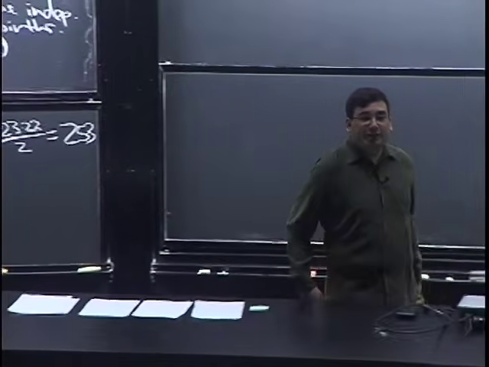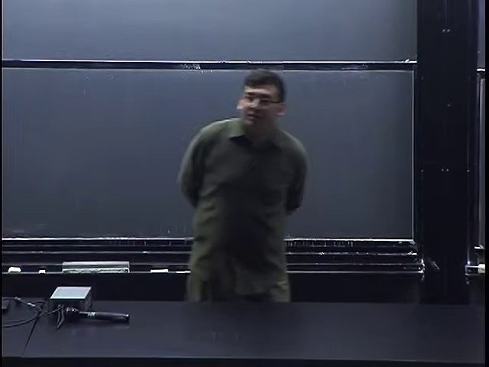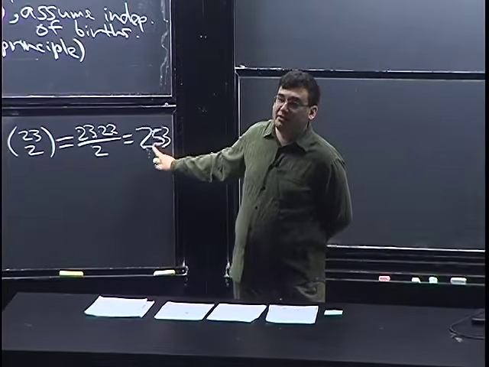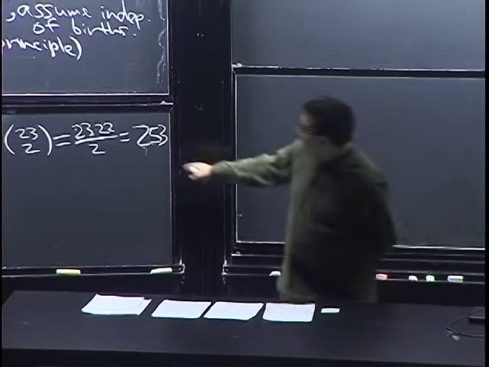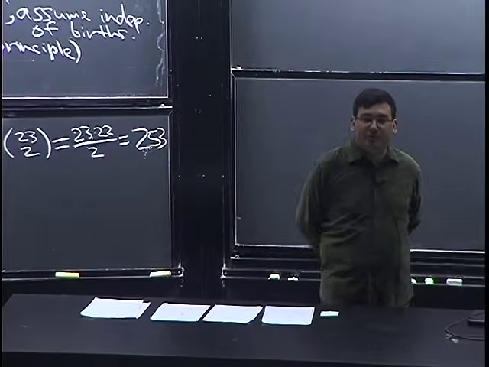So with 23 people, there are 253 pairs of people, and now it's sounding a little more plausible, I think. 23 is a fairly small number, but 253, that's a lot of possible pairs. Any one of those pairs may have the same birthday, right? So now this is getting closer to the order of 365, where it seems more plausible at that point.